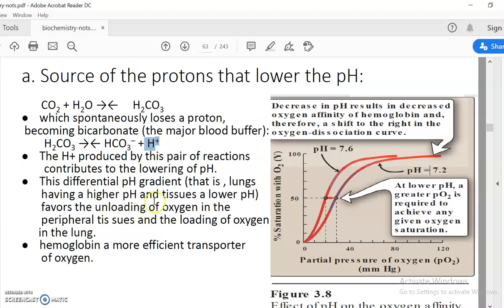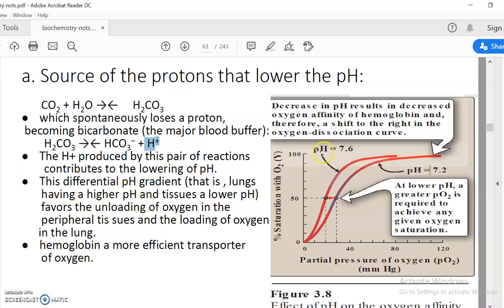This different pH gradient, that is the lung having higher pH and the tissue having lower pH, favors the unloading of oxygen in the peripheral tissue and the loading of oxygen in the lung.